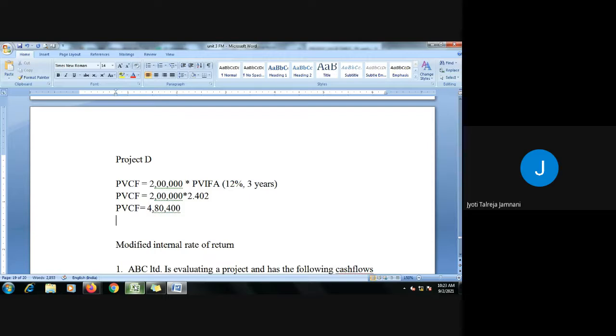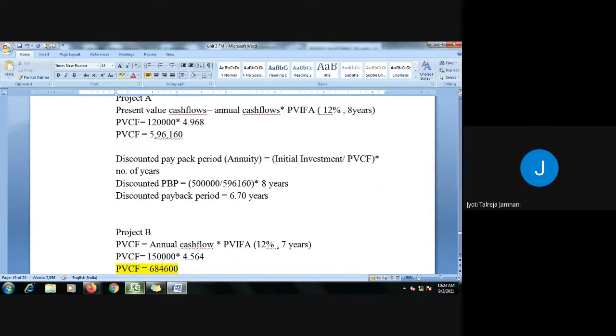Now we'll find the discounted payback period. It's equal to initial investment divided by present value cash flows.